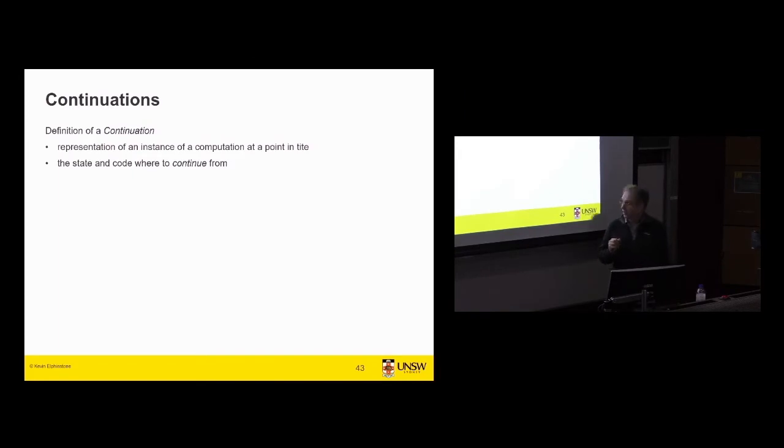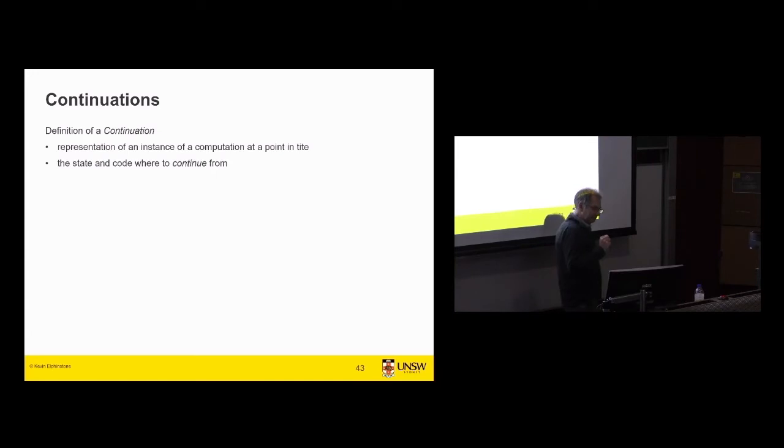So let's look at continuations. Okay. So what is a continuation? This is one of those things that can be difficult to grasp, especially as I'm going to use some functional programming examples as well, just to keep you on your toes.